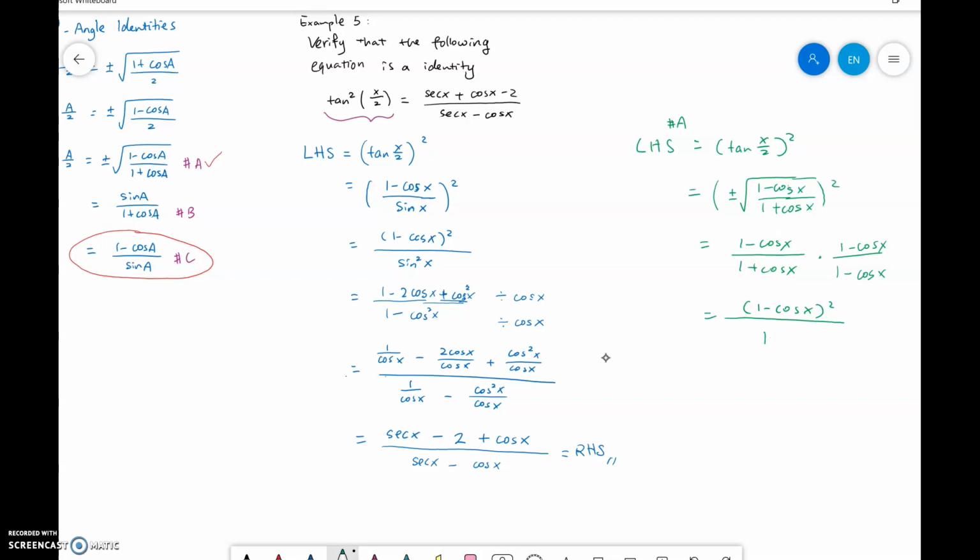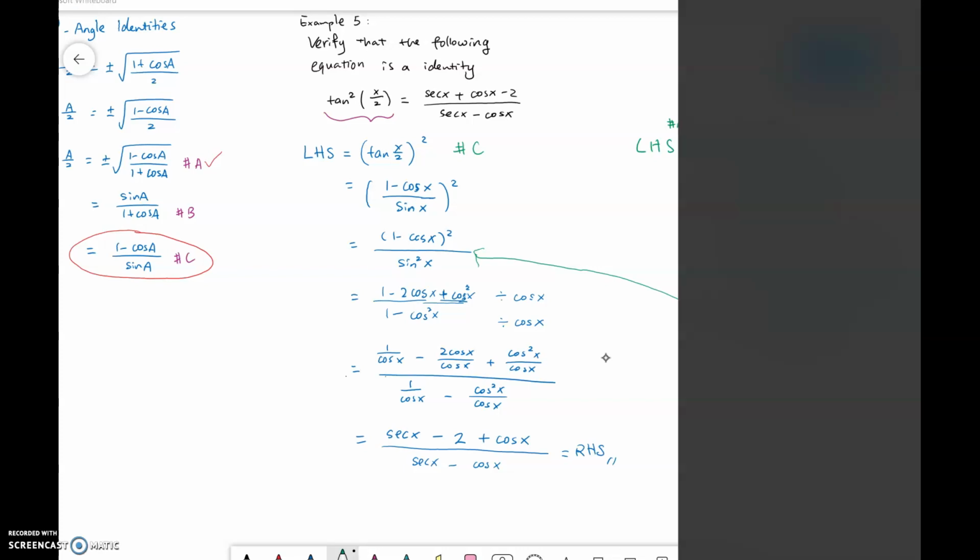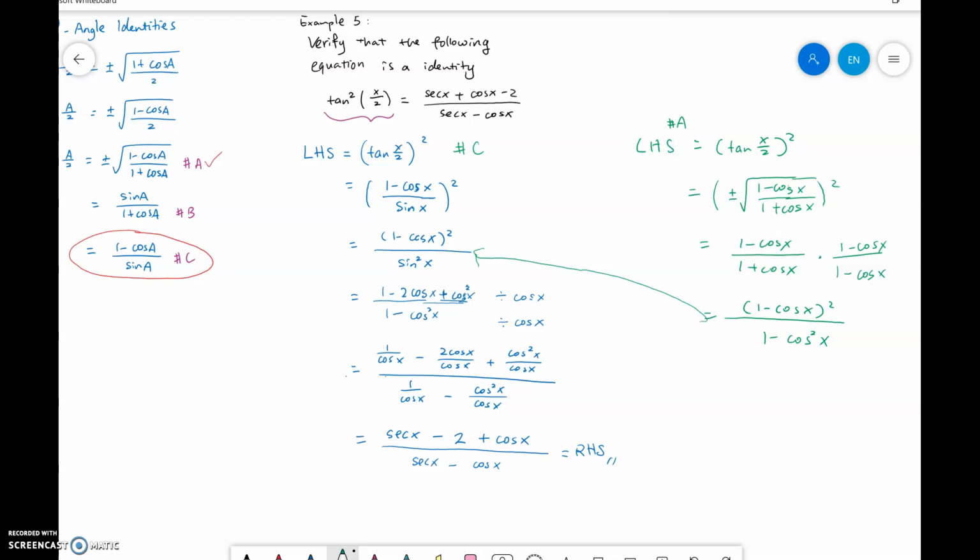On the denominator, I get 1 minus cosine squared x, which matches my blue version using equation C, line number 2. And then I can just continue copying the same steps. So it's a pretty similar process. It will take a little bit longer. It will be a little bit of a challenge because you have to make it more complicated to continue. But generally speaking, it's doable.